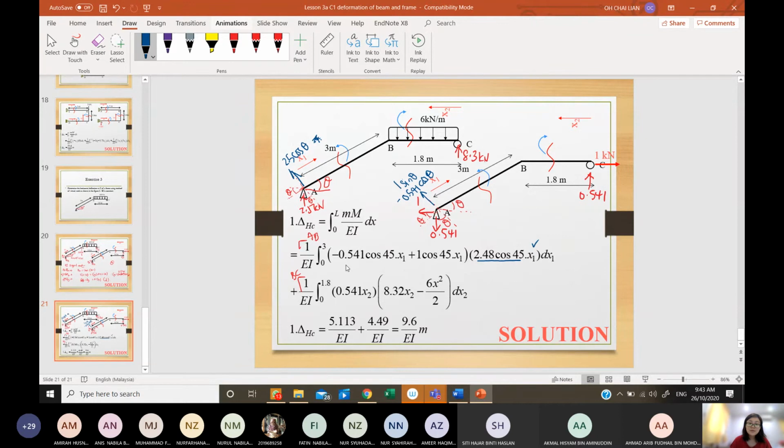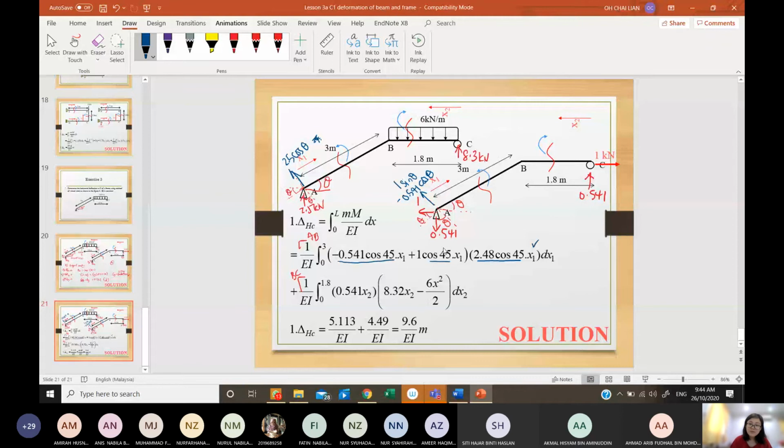So this is negative. 0.541 cos 45 x, negative, correct, plus 1 cos or sin theta, no problem, x1, sin 45, cos 45.